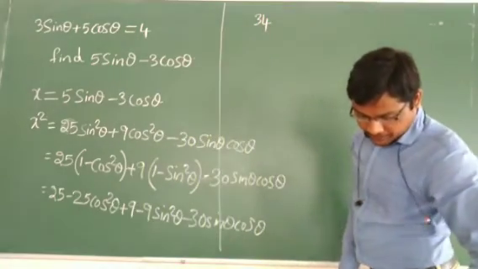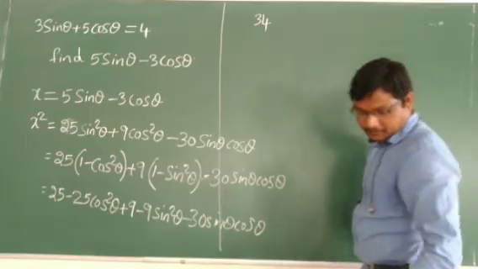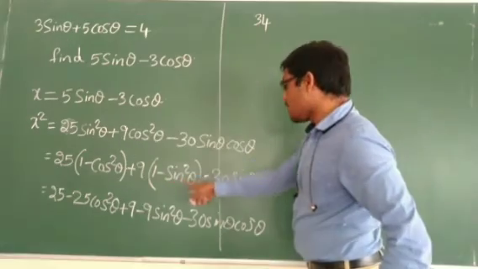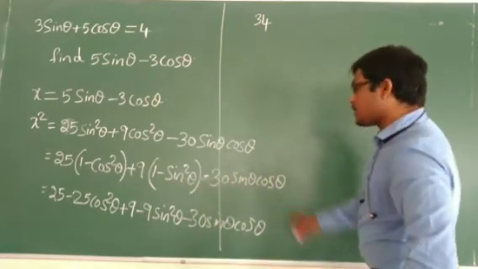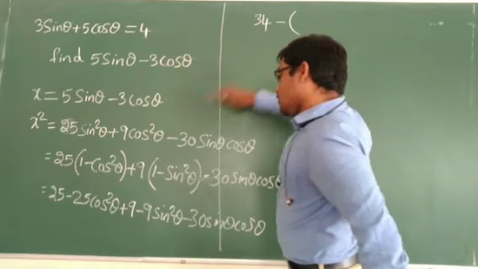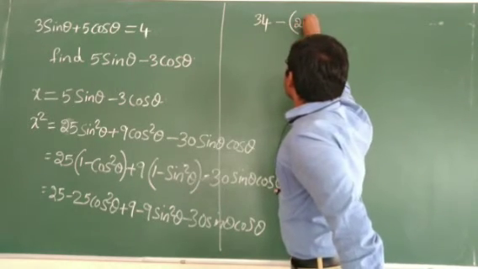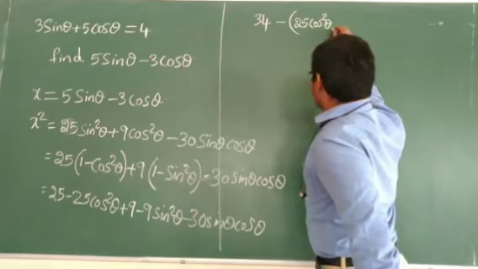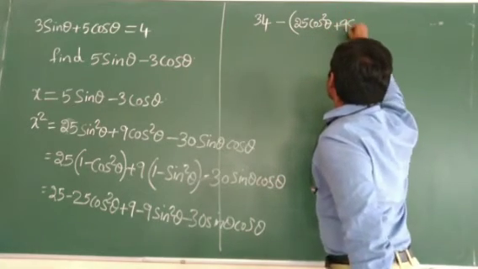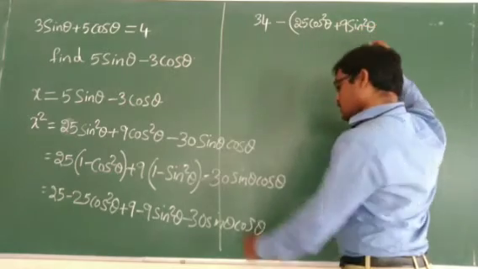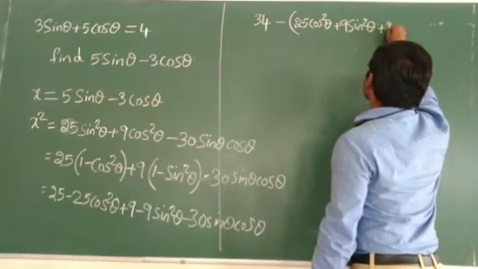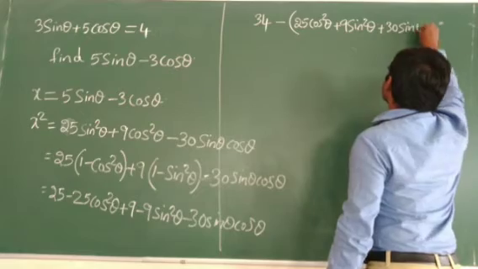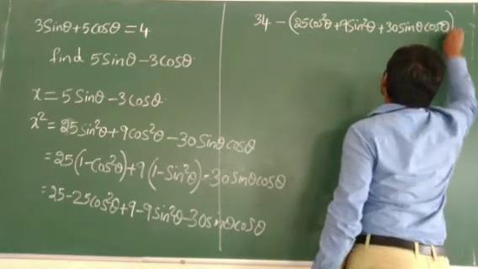So we get 34. Remaining, try to write in bracket minus of 25 cos square theta plus 9 sin square theta plus 30 sin theta into cos theta.